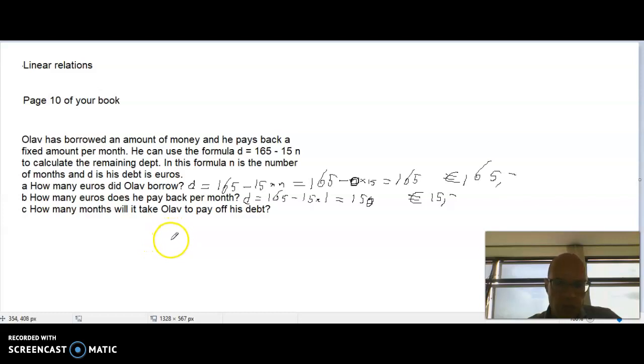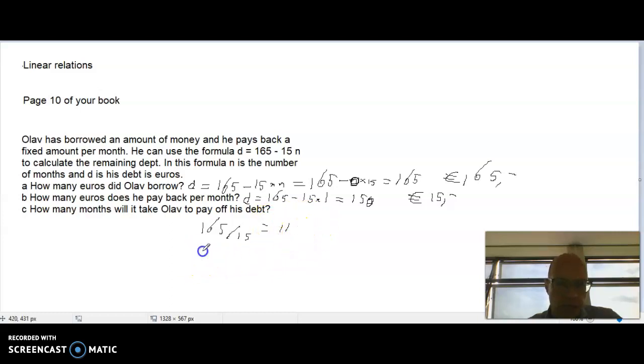What we could use is the amount, the 165, and I'm going to subtract 15 each month. If I divide it by 15, because I'm going to take 15 off each month, then I get 11. And that is the amount of months.